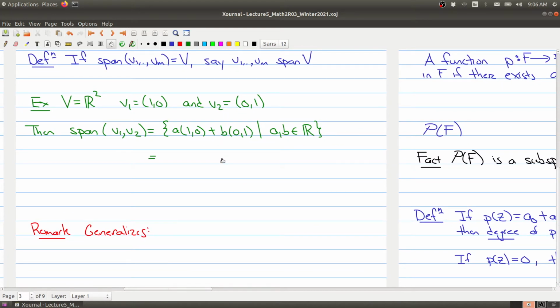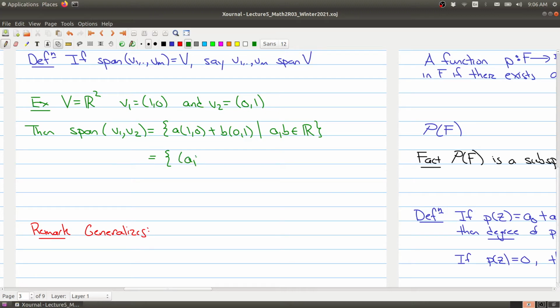And let me just remind you for a special example. If we take V to be R2, think of the plane, and if we take the first vector to be (1, 0), and we take our second vector to be (0, 1), then the span of those two vectors is by definition all scalar multiples of the first vector plus all scalar multiples of the second vector, where a and b are allowed to run through R. But notice that when I take this guy here, I get the vector (a, 0), and over here I get the vector (0, b).